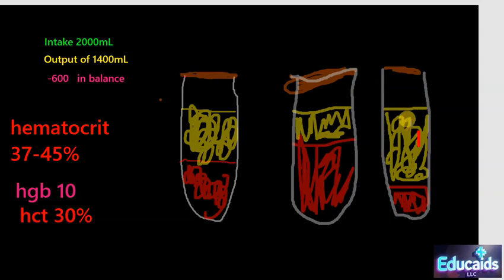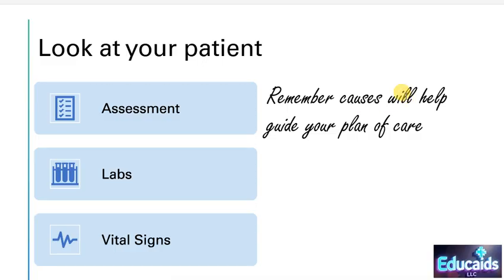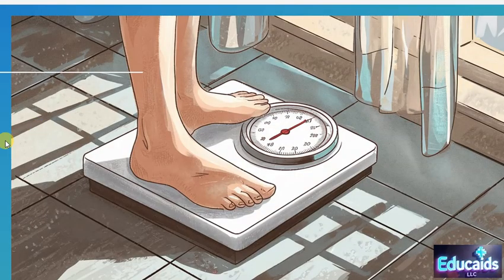So determining your plan of care with your overhydrated patient, things that you're going to look for are your vital signs, your labs. With your care plan, how many of you have taken care of a patient in the hospital who has CHF and they have an order to get a daily weight? So your congestive heart failure patients or your patients with too much fluid on board, you're going to get a daily weight on them.